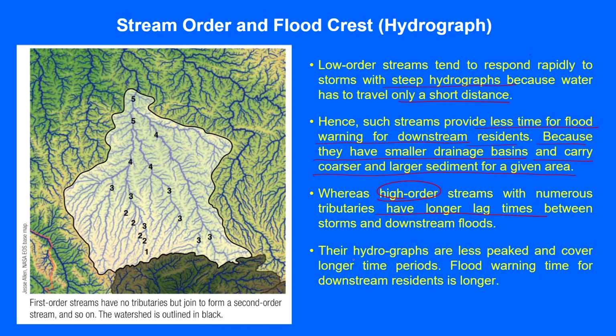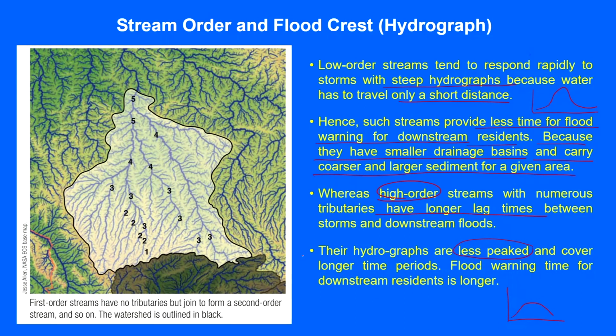Their hydrographs are less peaked, so it will be something like this. But in this case you will expect that the hydrograph is quite peaked. And it covers a longer time period, so flood warning time for downstream residents is longer.